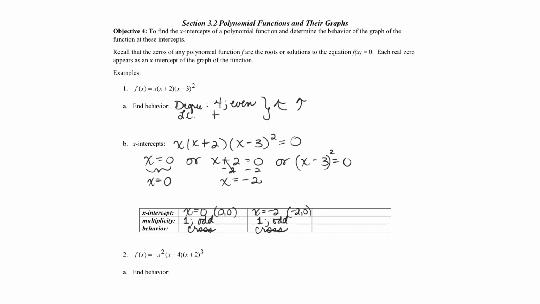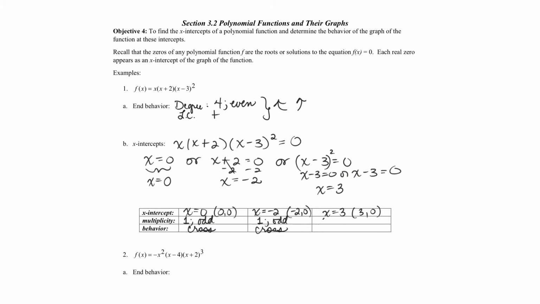But when I come to the quantity (x minus 3) squared equals 0, well then that's either x minus 3 equals 0 or x minus 3 equals 0. I don't really need to solve those both, right? x equals 3 is the x-intercept. (3, 0) if I'm plotting the point. But its multiplicity is 2 because it showed up twice, right?